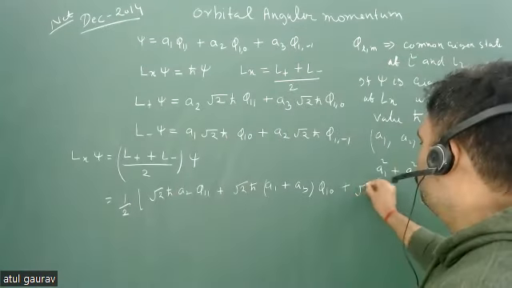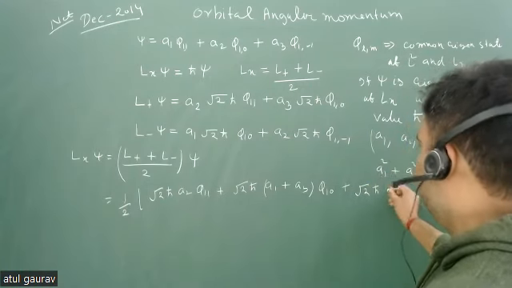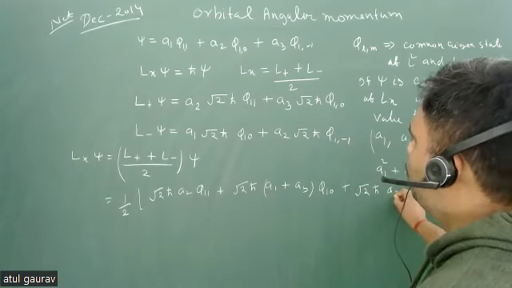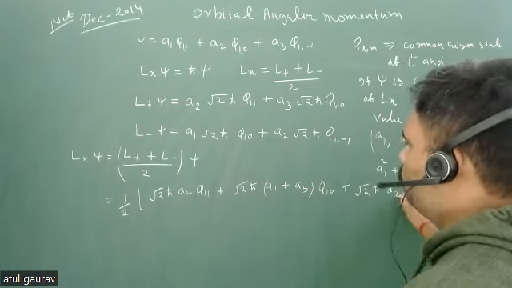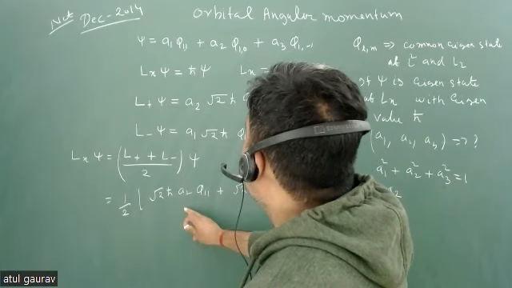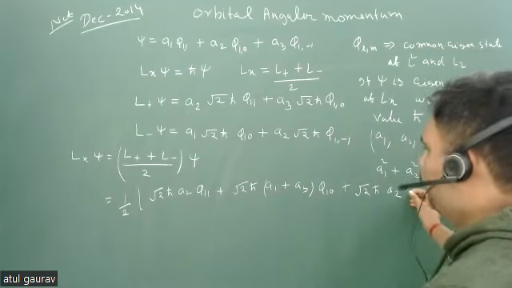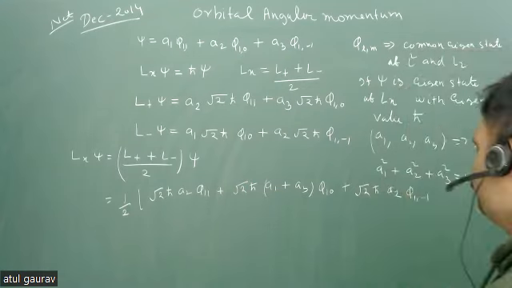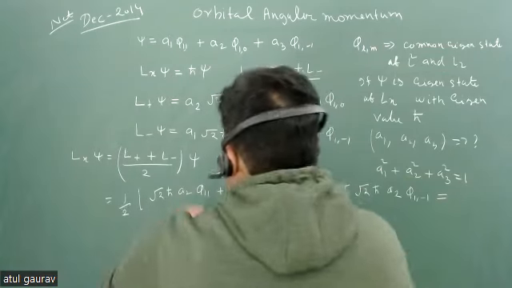And the next one is root 2 h cut A2 phi 1 minus 1. And this value is equal to, if Lx is operating on psi, what will you get?